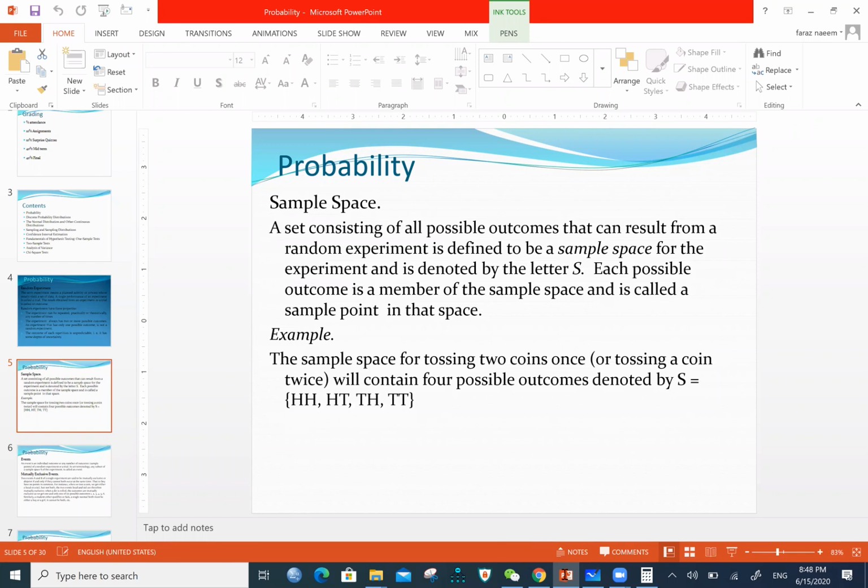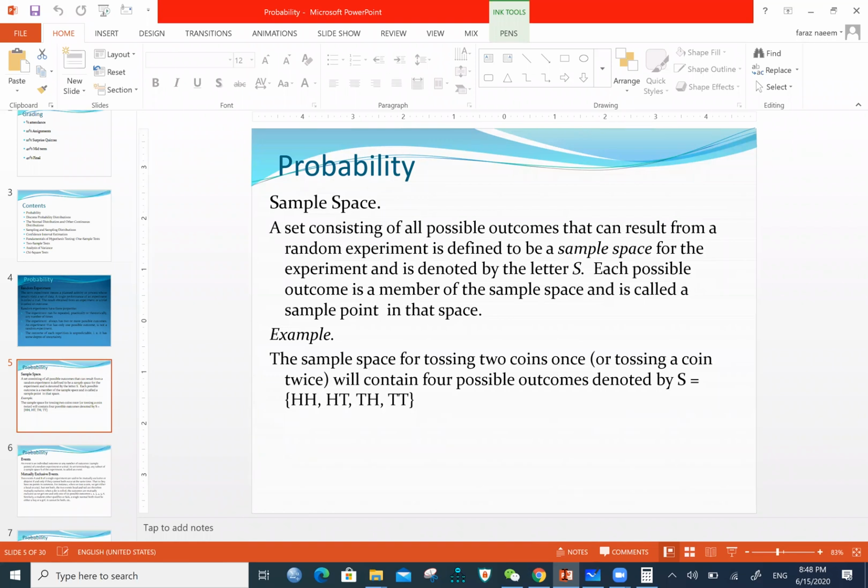Similarly, this is called sample space, a set consisting of all possible outcomes that can result from a random experiment is defined to be a sample space for the experiment and is denoted by a letter S. Each possible outcome is a member of sample space and is called a sample point in that space.